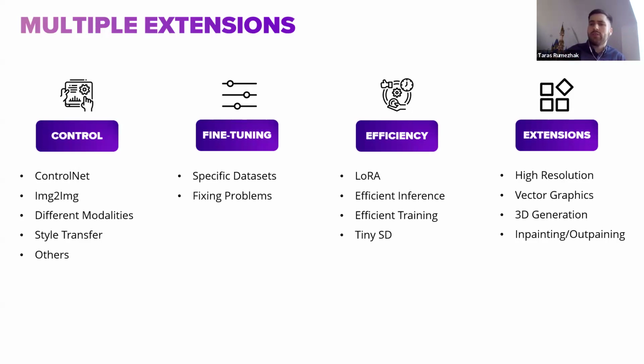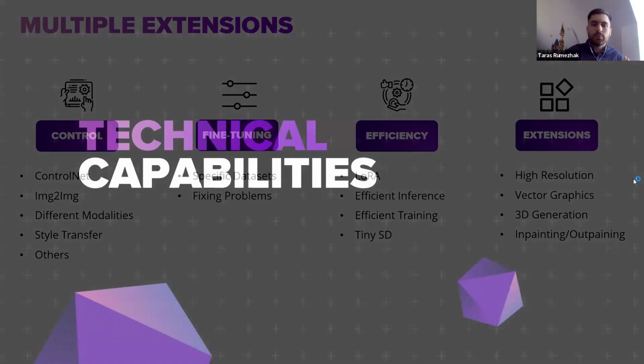And there are also different extensions for vector graphics. For example, if you want a project for printing companies where infinitely high resolution is needed, it's a great usage. For 3D generation, painting, outpainting, high resolution techniques, etc. If you have questions, I will be glad to discuss everything.